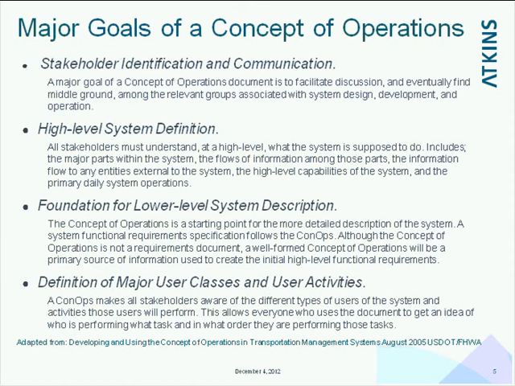Functional requirements, as you will see in the life cycle, especially in the FHWA-V, lead to detailed design and the actual system itself, and then it goes up into the testing of the system and validation and verification. And there are user classes and user activities, and they're different, and each one views the system differently. So your ConOps has to do all of that.